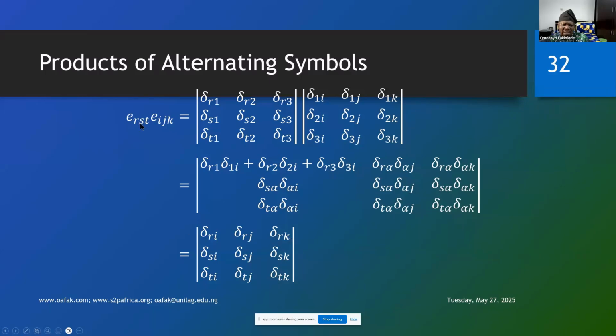So you see that when you now have the deltas, you see R, S and T are RST, RST, RST, and the I, J and K. So the RST are coming column wise, whereas the I, J and K are coming row wise. IJK, IJK, IJK, and no two are the same.